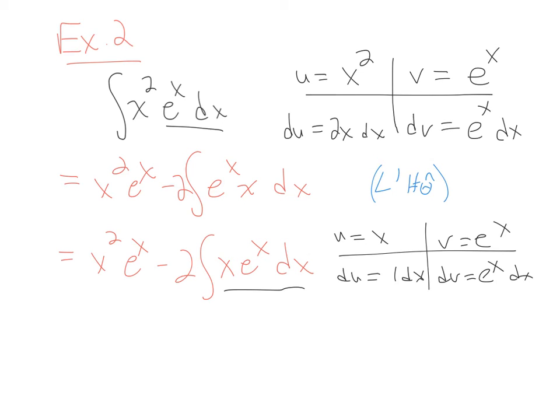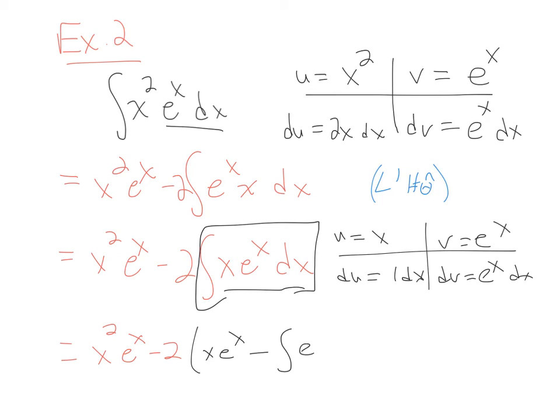Now for this portion, I'll circle it in black, I'm going to substitute the integration by parts formula. So we have x squared e to the x minus 2, and then I'll do parentheses, and then we have uv, which is x e to the x, minus the integral of v, which is e to the x, du, which this time is just 1 dx.